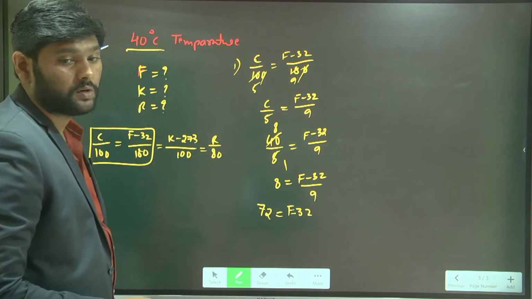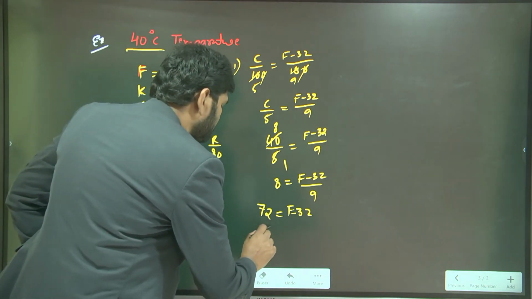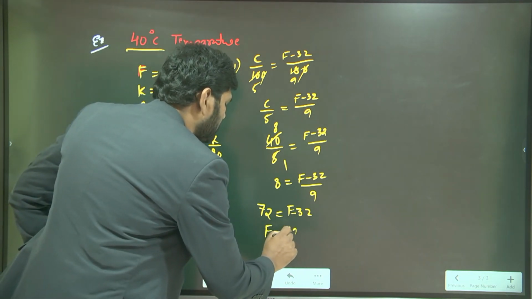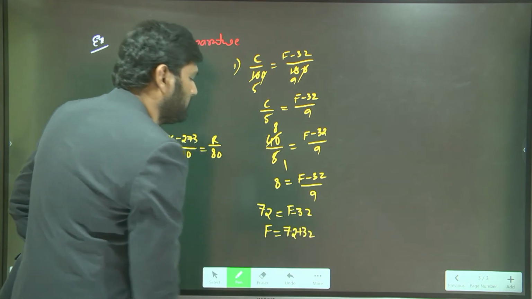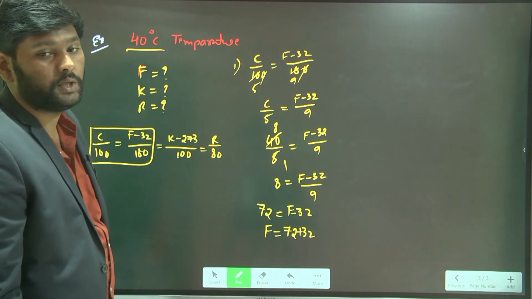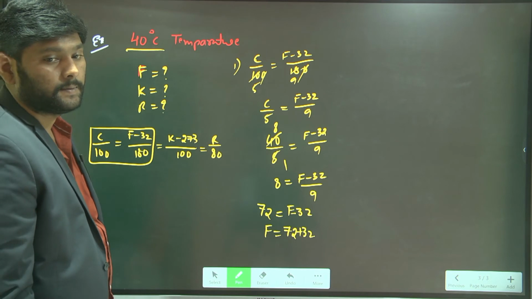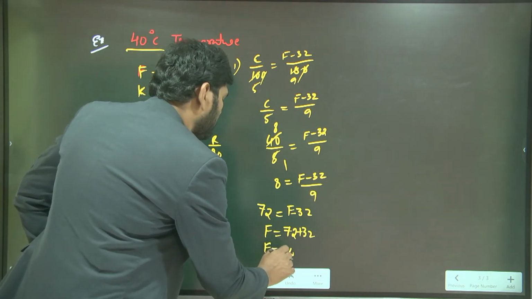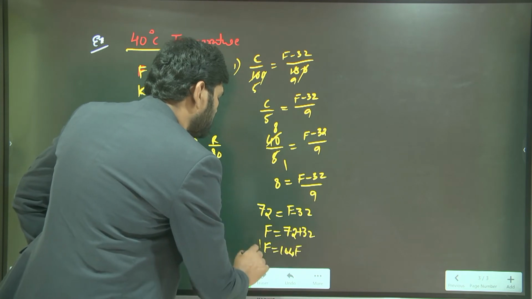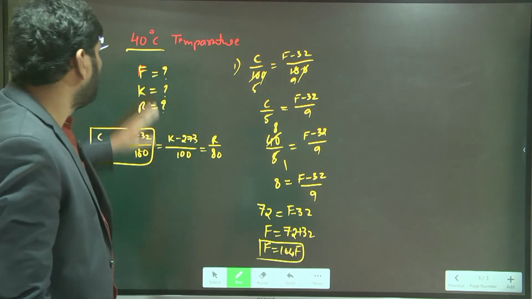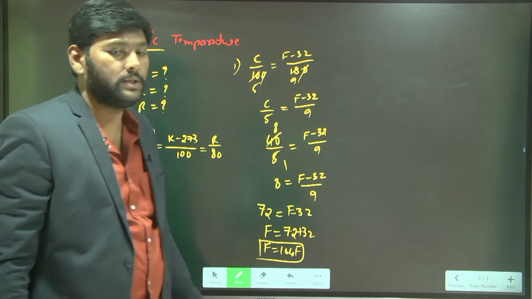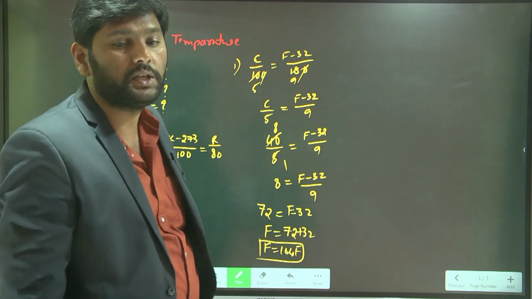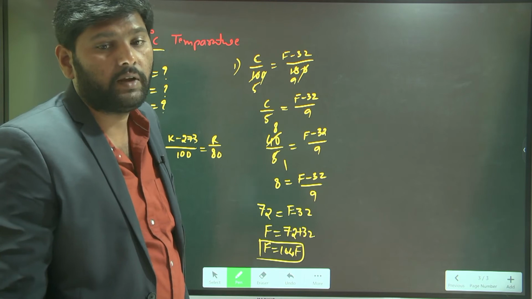Then F is 72 plus 32, which is 104. So 40 degrees Celsius is equal to 104 degrees Fahrenheit.